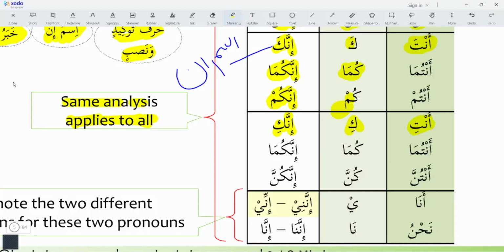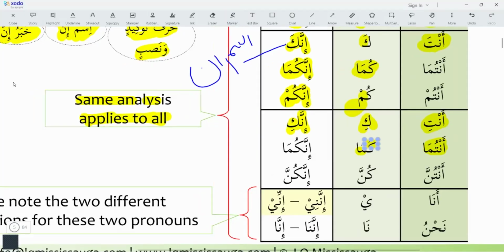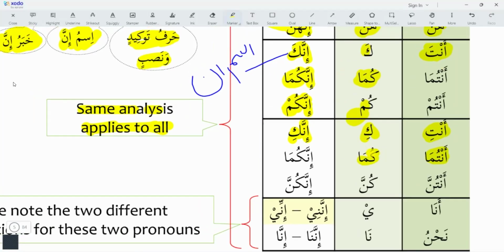Antuma, musanna, muannas, kuma is its attached pronoun, or damir muttasil. After using inna, it becomes innakuma. And this kuma is ismu inna.